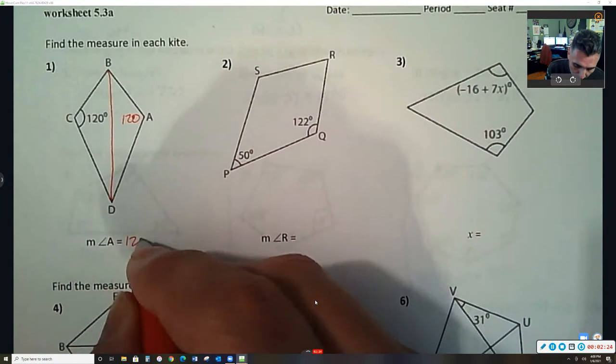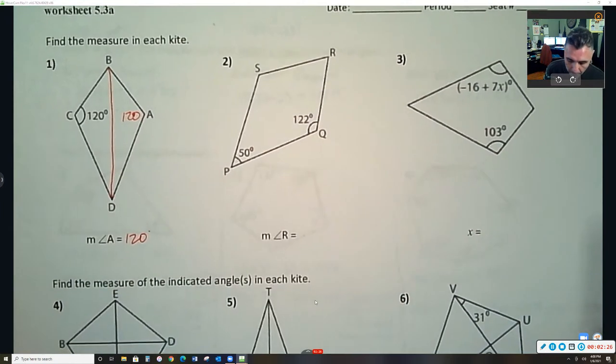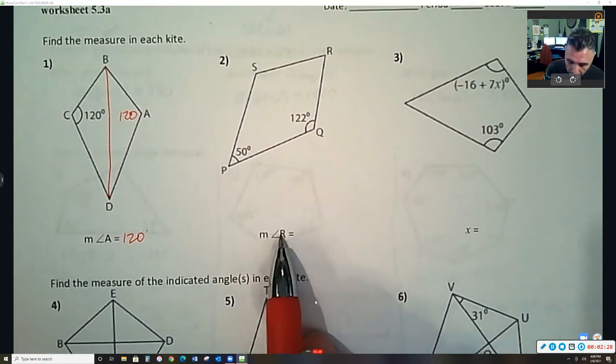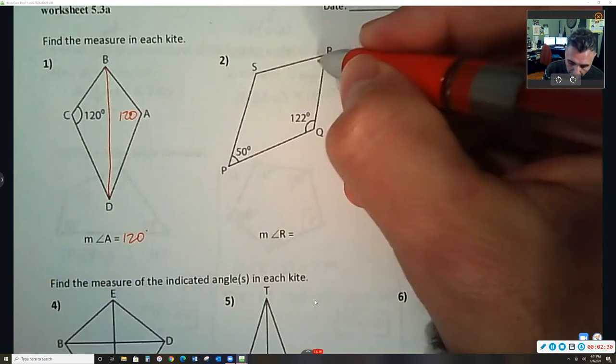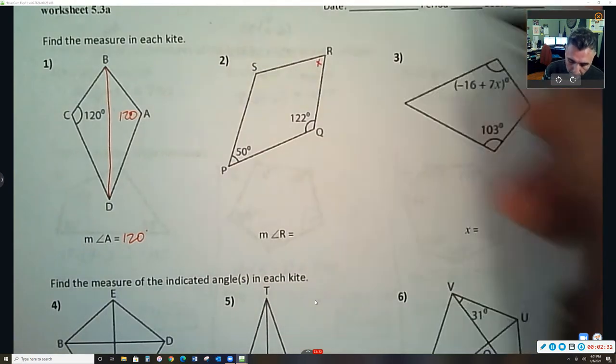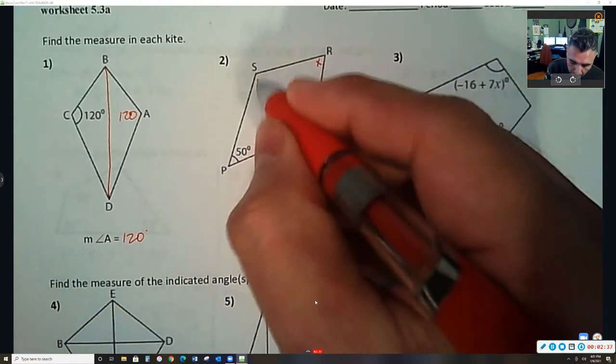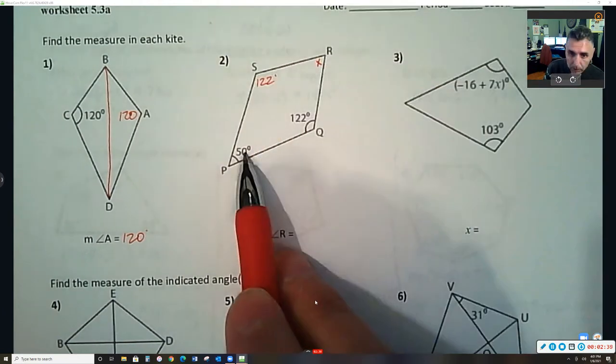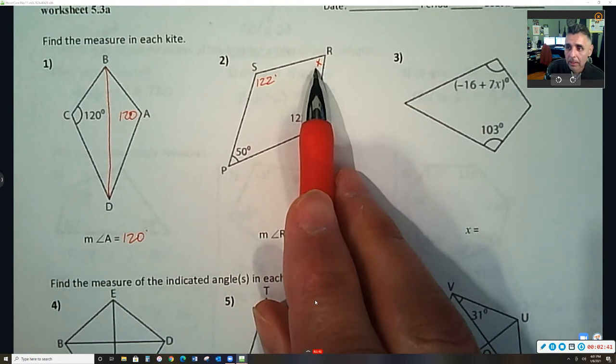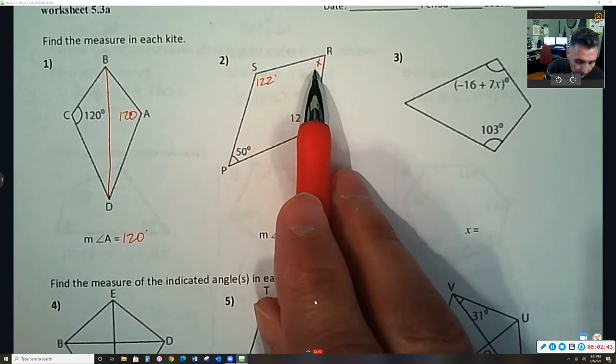So I know the measure of angle A is 120. Okay. And then find the measure of angle R. The angle we're looking for is up here. Well, I know these two are equal. And then this one's 50. This one is not 50. Okay, it's different.